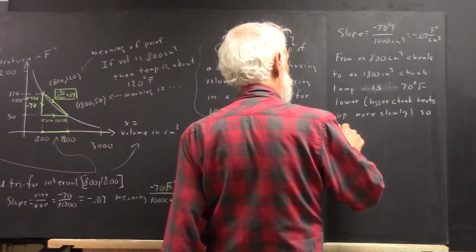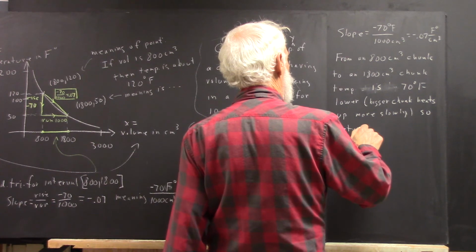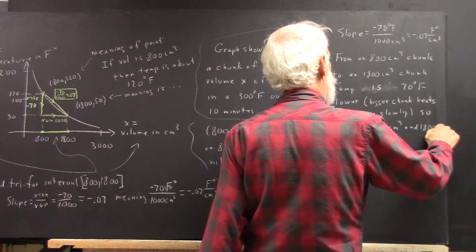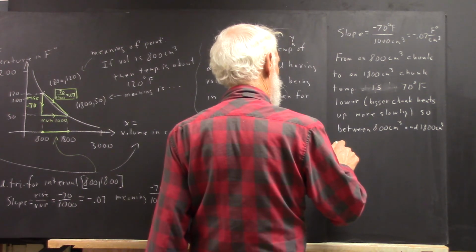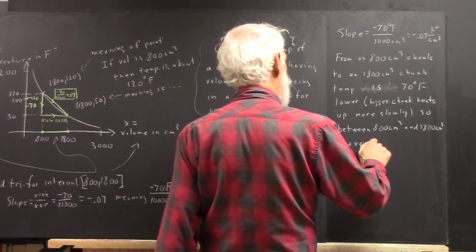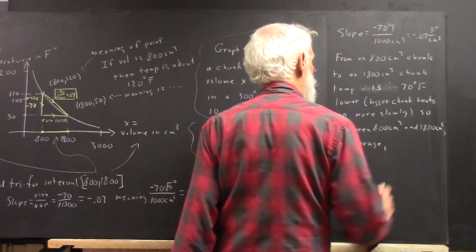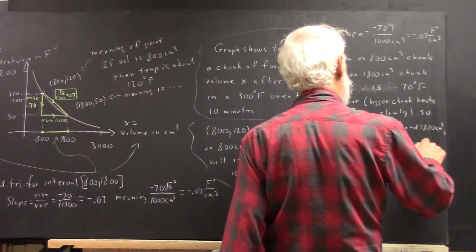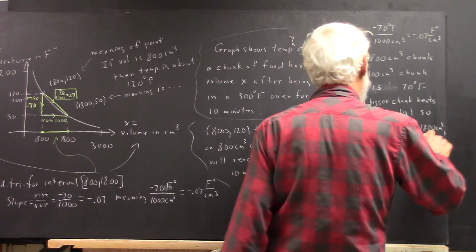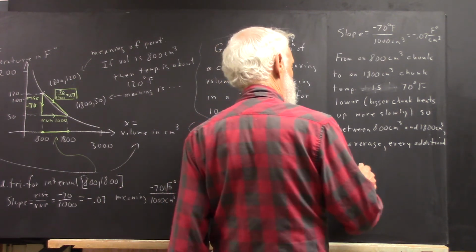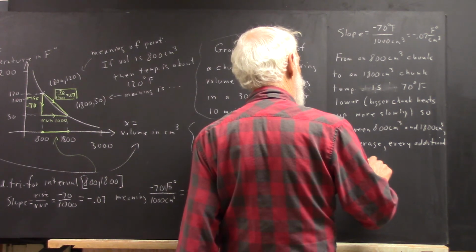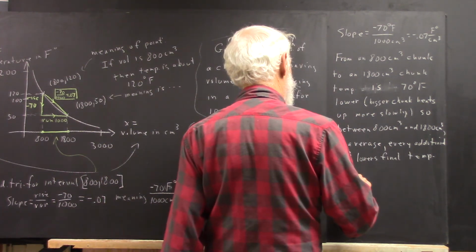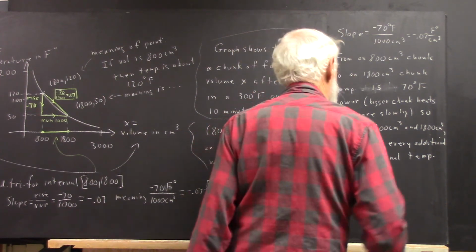So, between 800 cubic centimeters and larger volumes, on the average, every additional cubic centimeter lowers the final temperature by 0.07 degrees Fahrenheit.